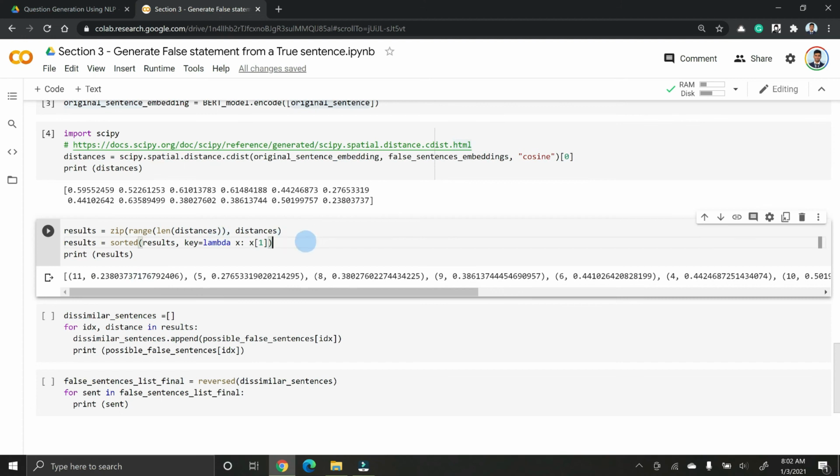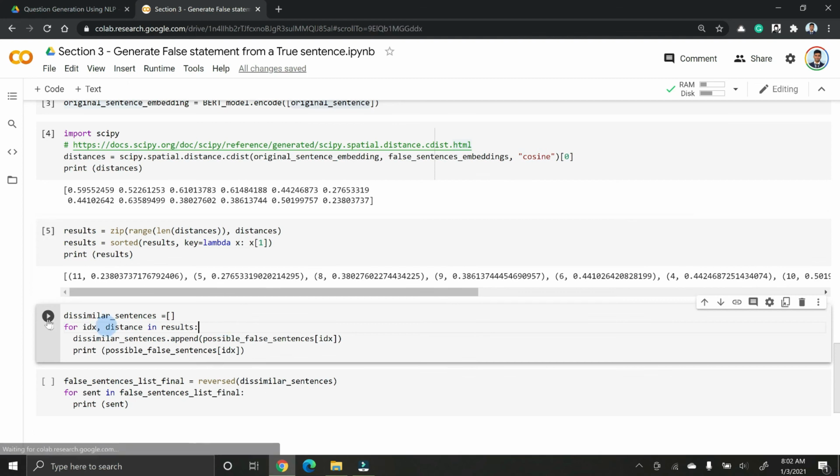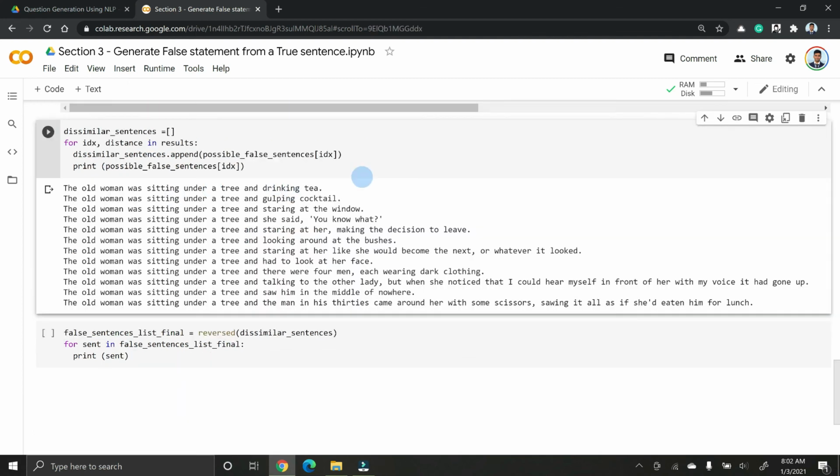Here we can see that we sorted the sentences by their closeness to the original sentence and we got these indexes. So let's convert these indexes into their original sentences here. So you can see that the drinking tea sentence is the closest to our original sentence. Then comes gulping cocktail. Then you have several other sentences that are generated by GPT-2.